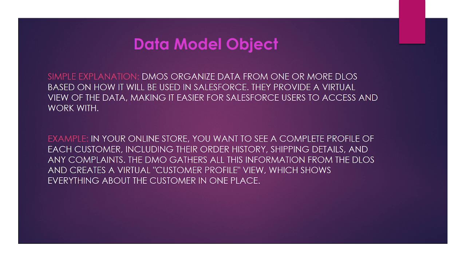See the example here for the online store. In the online store you want to see a complete profile of each customer, including their order history, shipping details, or any complaint. The DMO gathers all this information from the DLOs and creates a virtual customer profile view which shows everything about the customer in one place.